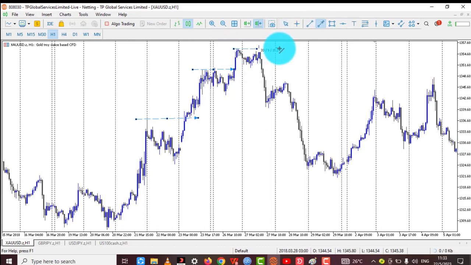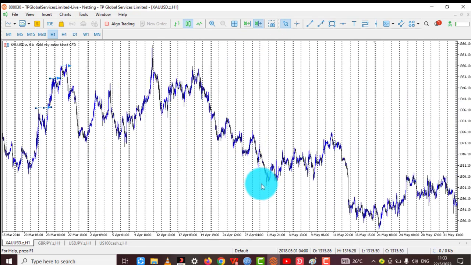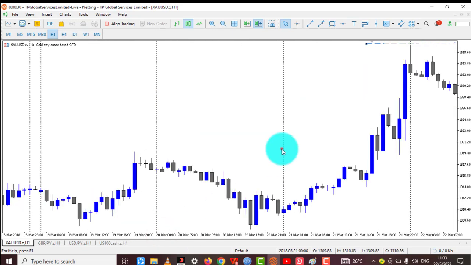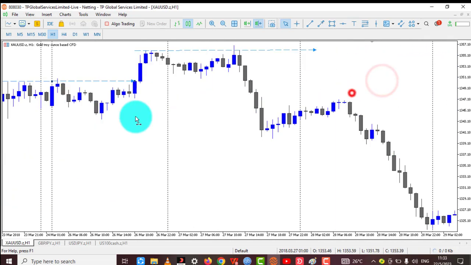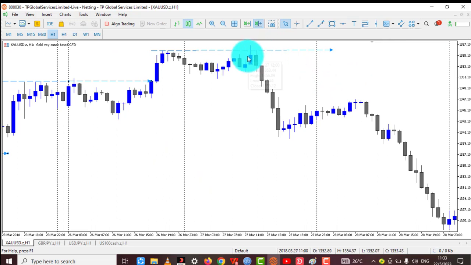It fails. There was a major rejection, because if we zoom in here, we can see there was a rejection candle on the H1 time frame. Whenever you see this, this is a strong indication of reversal.